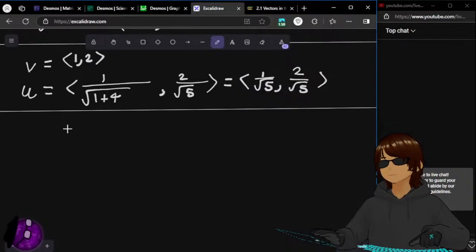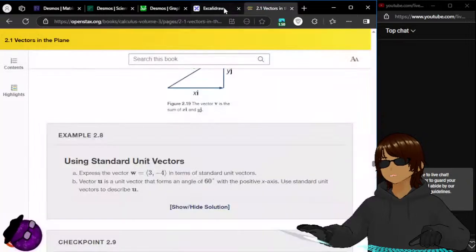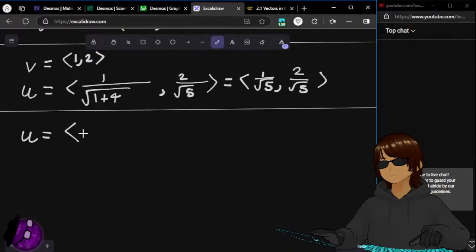No, wait, we can just do it with u. u is 60 degrees, x is cos 60, and then y is sine 60.